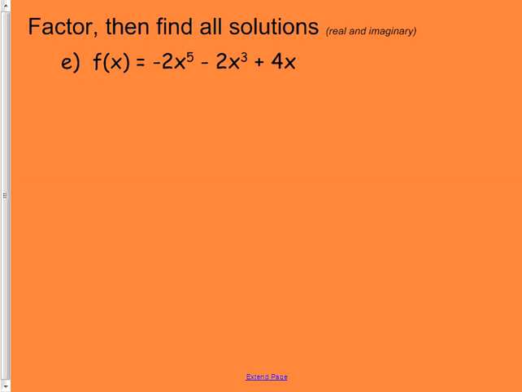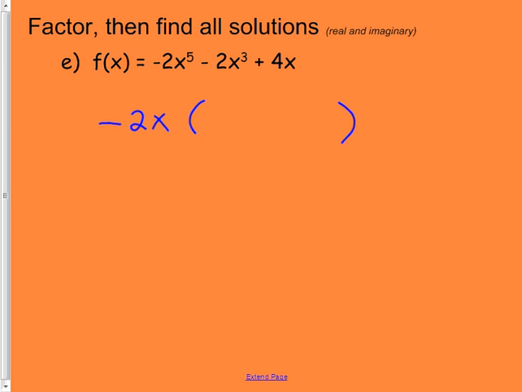This one actually is really easy. Also, it's just got a negative thrown in. Okay, so start, please, by factoring out a -2x out of everything. Okay, and then see if you can factor it from there. Because the negative on the front is a bad thing.